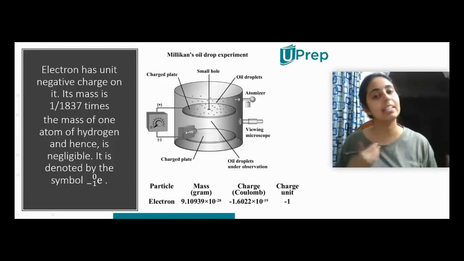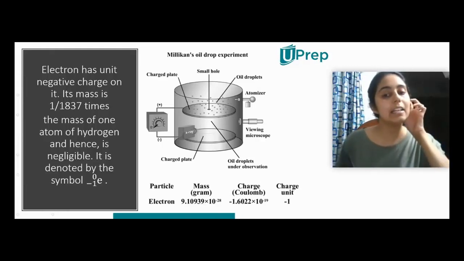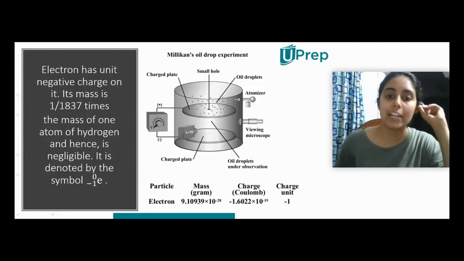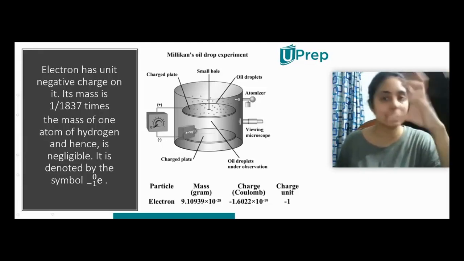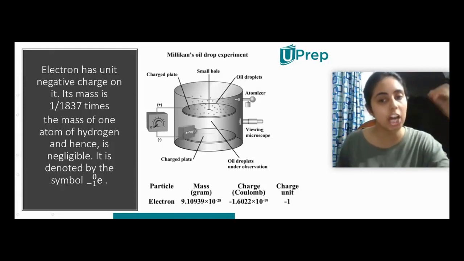For all our calculation purposes, we'll consider the mass as 0. Therefore, it is denoted by the symbol e with superscript 0 and subscript minus 1. That is how an electron is represented: 0 meaning it has no mass, and minus 1 meaning it has a unit charge of minus 1.